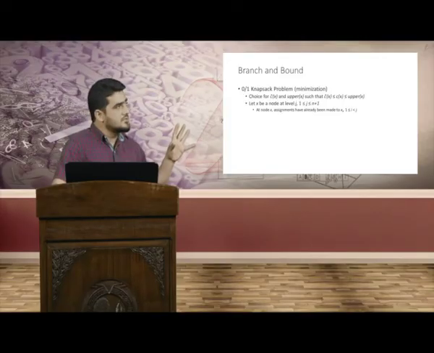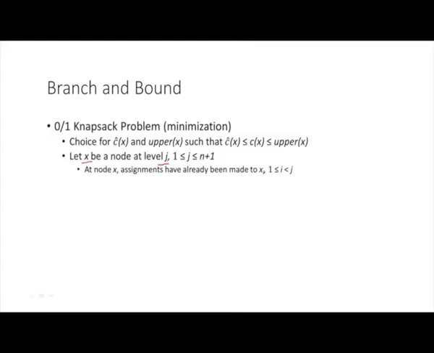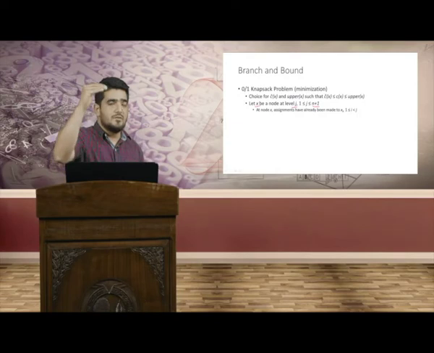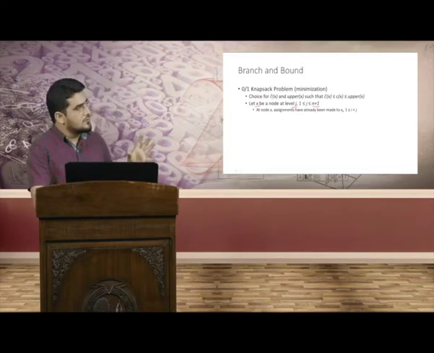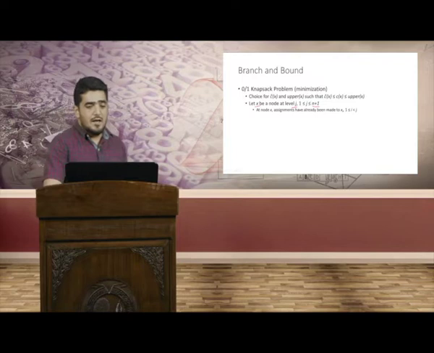So let's consider that we are dealing with a node x belonging to level j. Now obviously the total number of levels would be n plus 1, because the initial root does not represent any solution. So the solution starts from level 2 to n plus 1, where n is the total number of items that we have.